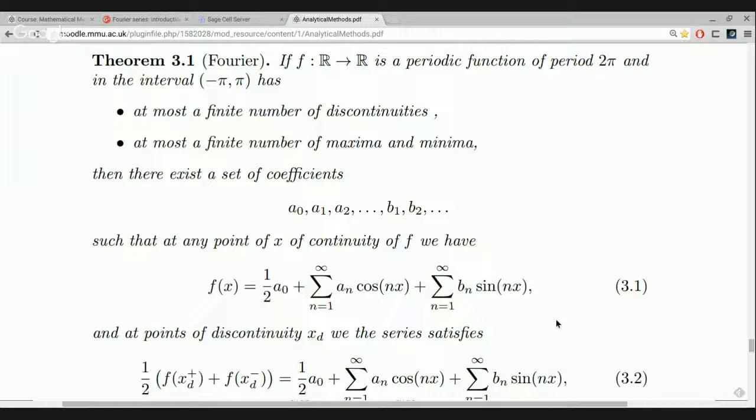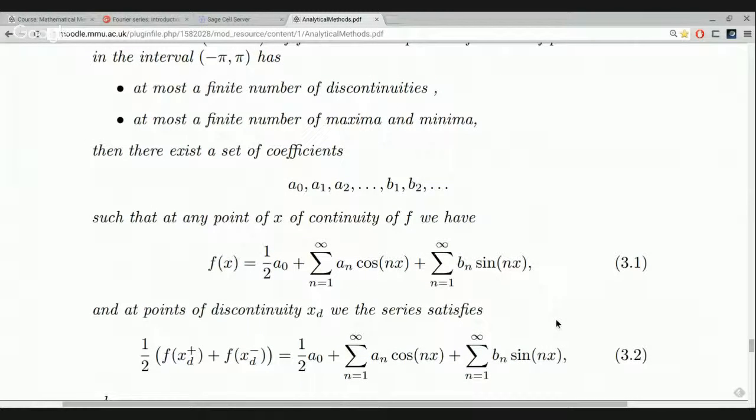And also, we're only going to allow our function to have at most a finite number of maximums and minimums within this basic interval of minus pi to pi. Again, any function which has an infinite number of maximums and minimums inside a finite interval is a pretty badly behaved function, so to speak. Okay.